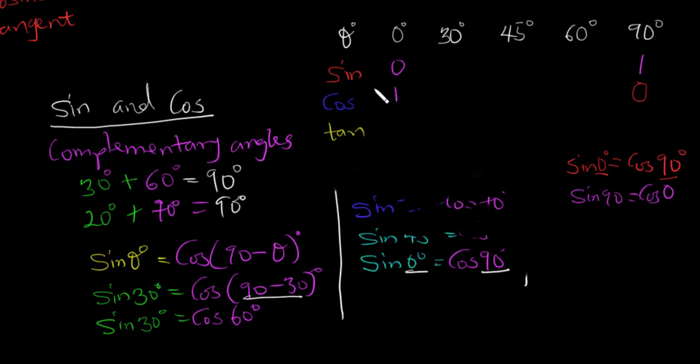Now, I know sine 0, sine 90, cos 0, and cos 90. Now the rest have to be this way. Sine 30, 45, and 60 are also remembered using a very simple approach. You write a division sign and divide by 2. So something here divided by 2, something here divided by 2, something here divided by 2.